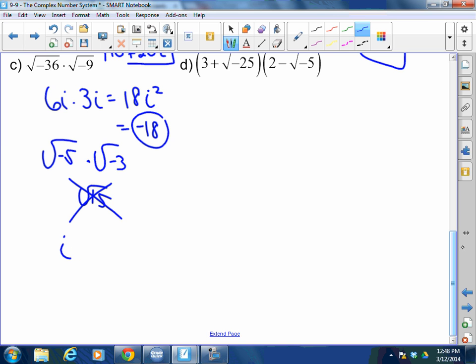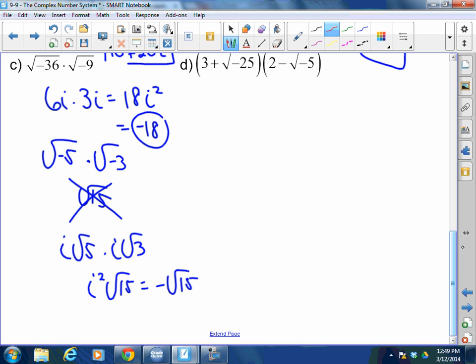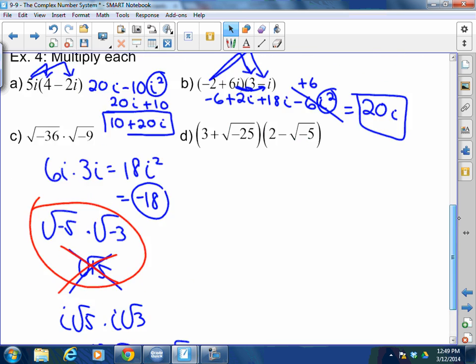You take out the i: i square root of 5 times i square root of 3. Now you've got i squared times the square root of 15. Guess what? That's negative square root of 15. Do you guys see the progression there? Please do not make this mistake. That is bad. Bad, bad, bad. Okay? Make sense? Super. Easy peasy.